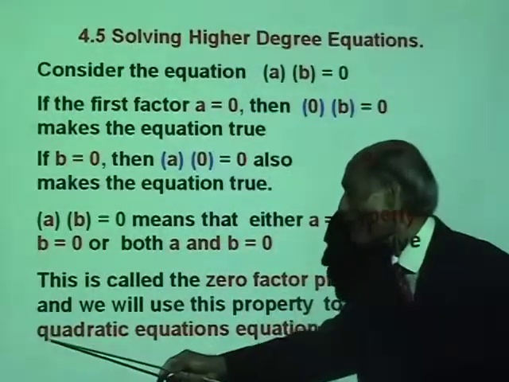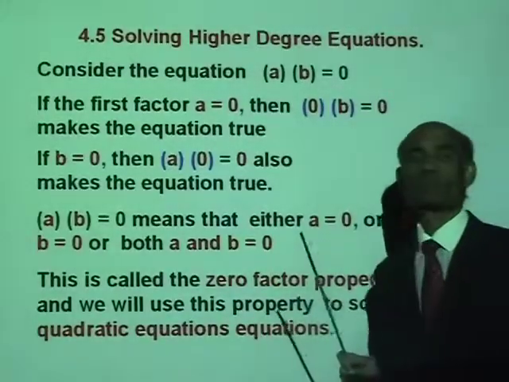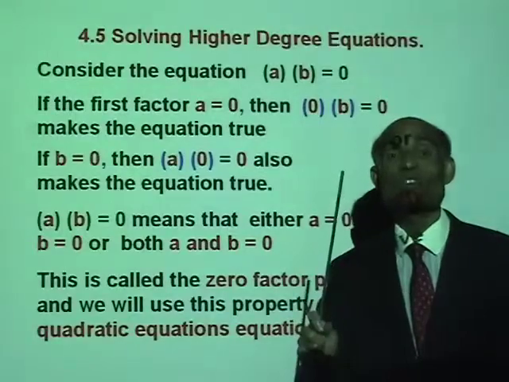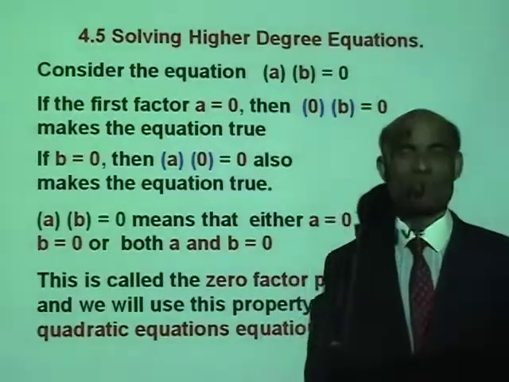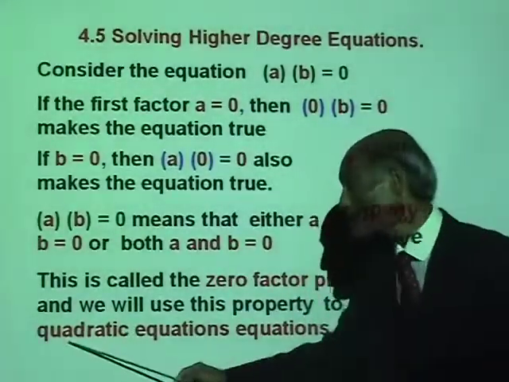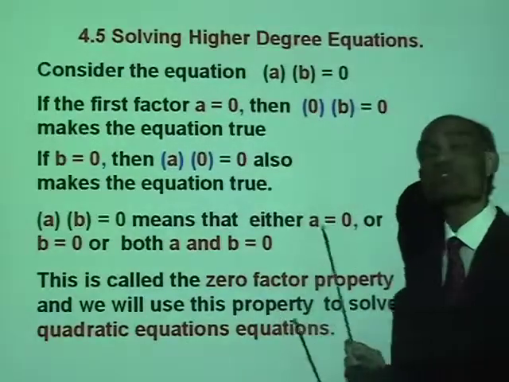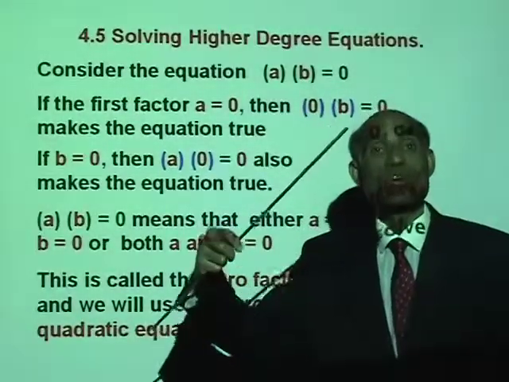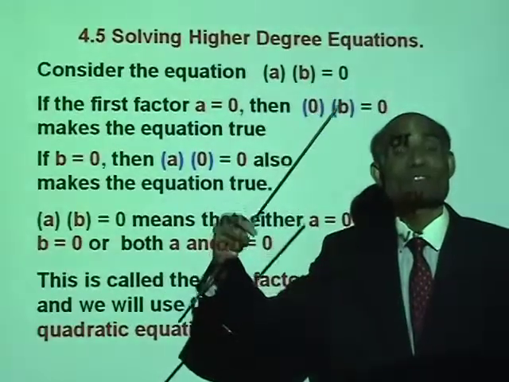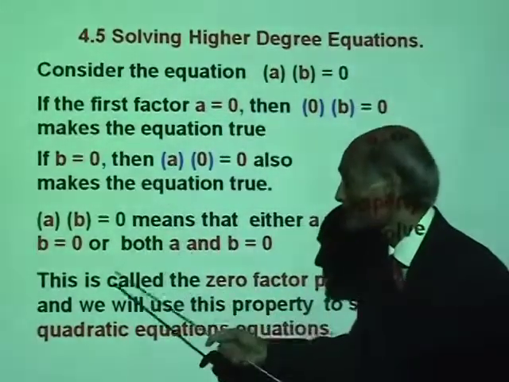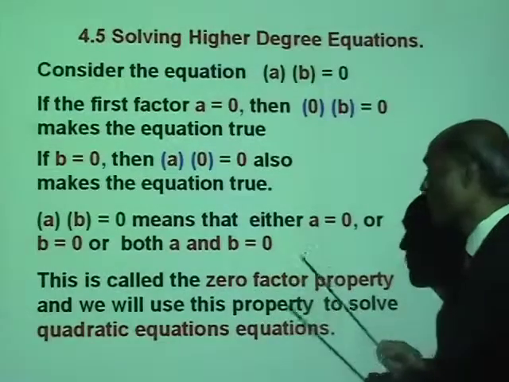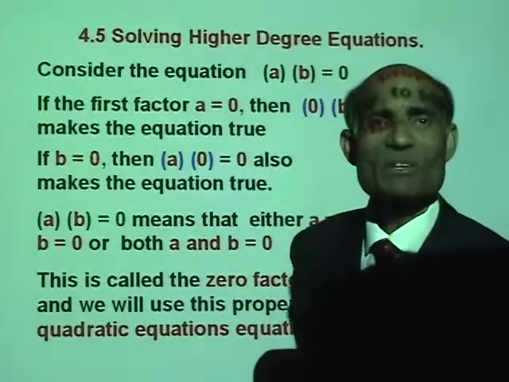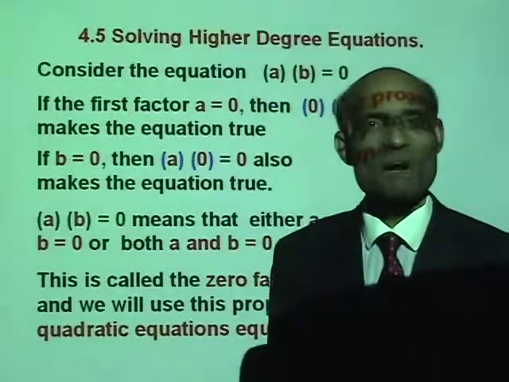Now, what is a quadratic equation? A quadratic equation is an equation of the second degree. We will not only solve quadratic equations, we will also solve third degree equations, fourth degree equations, and so on, using the zero factor property. Now tell me, what do you understand by zero factor property?